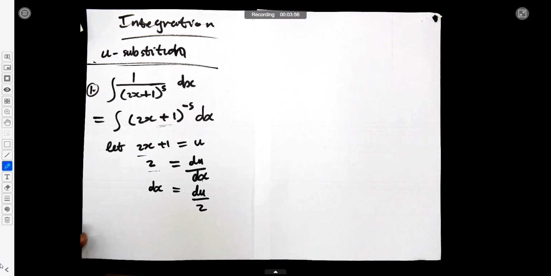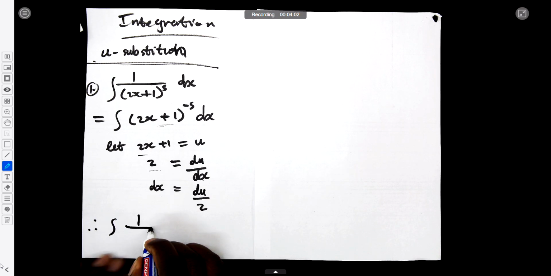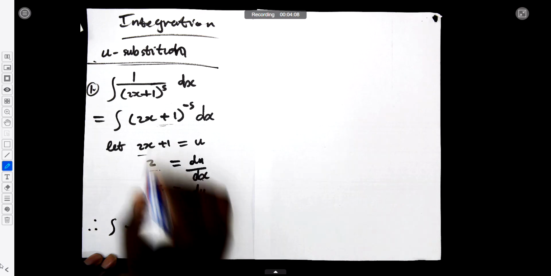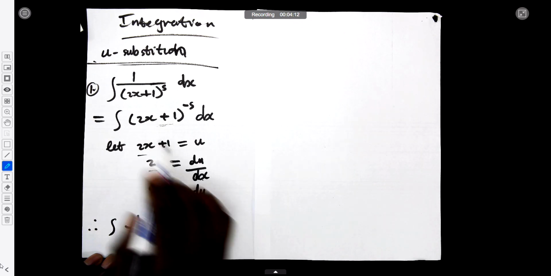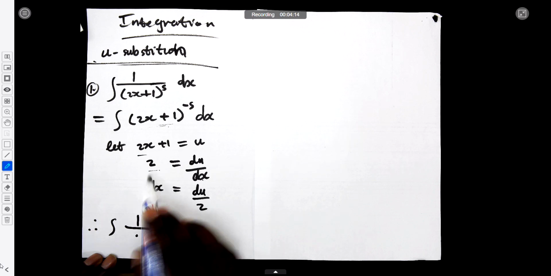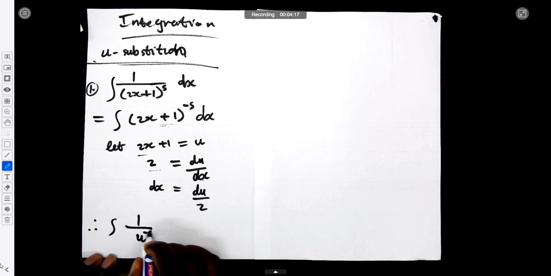Now the second part: we are going to replace in the original integral and substitute. We said 2x plus 1 is equal to u, so all in all it is u to the power of -5.